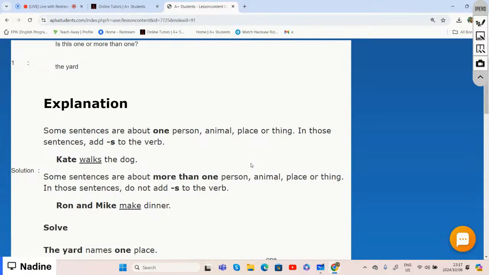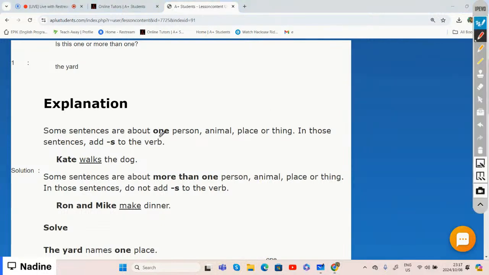All right. And once again, some of our sentences are about one person, one animal, one place, or one thing.